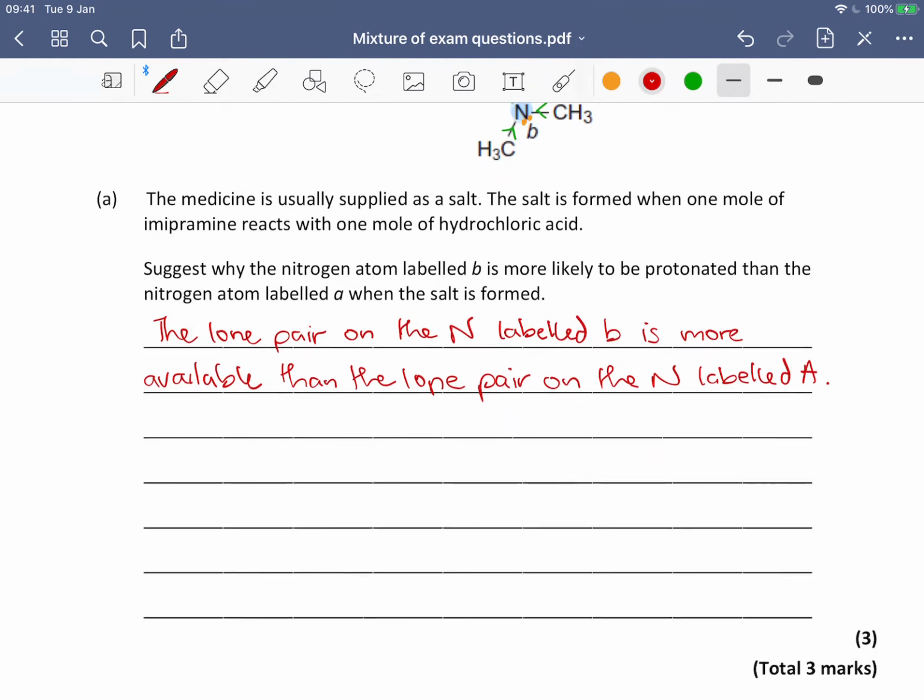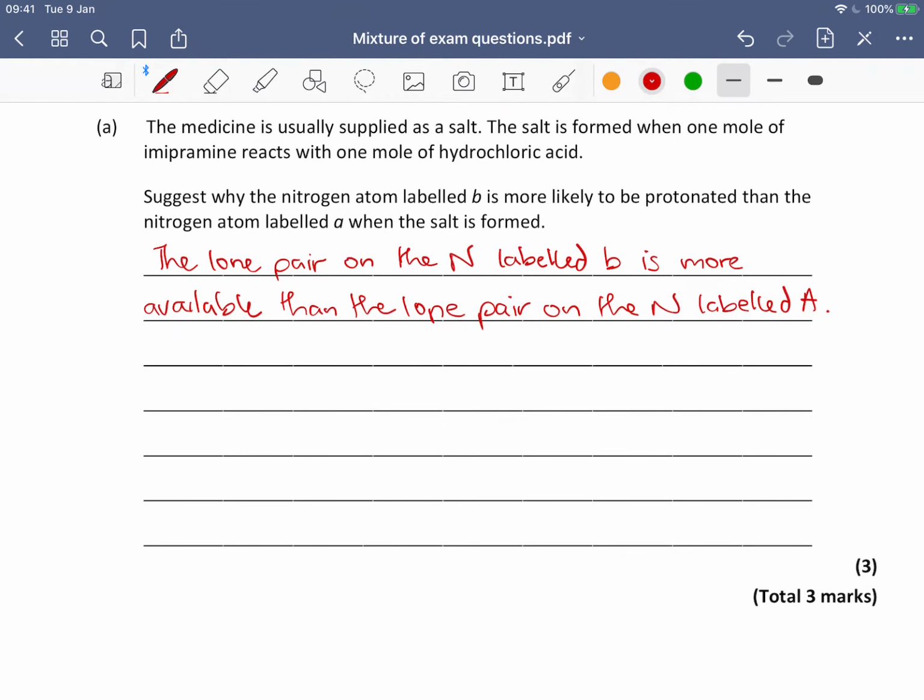So I'm going to move this up, sorry. The lone pair on the nitrogen labelled A is delocalized. This is our reason for the first statement. It's important, when it's the phenyl group, to not just say withdrawing, but to make it clear that the lone pair is delocalized or partially delocalized.